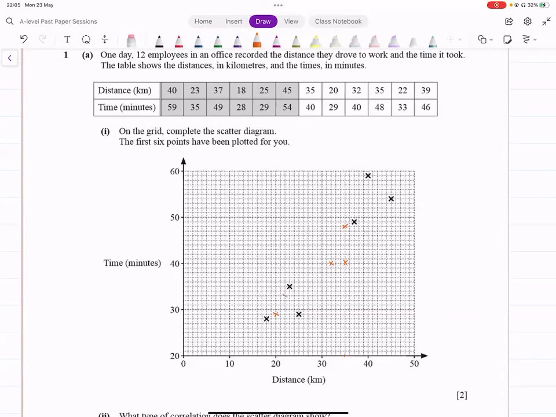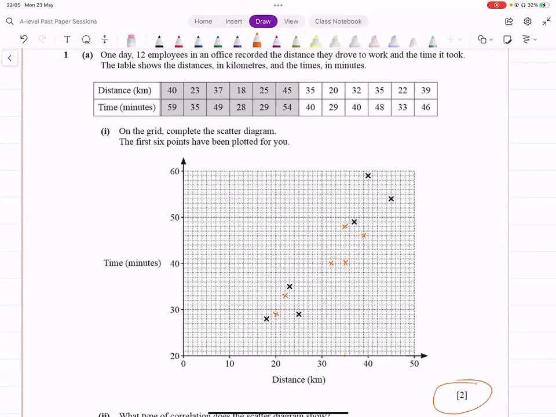And then finally, you've got 39 and 46. That point is going to be right here. Okay, so you've plotted all the points. That completes the scatter diagram.